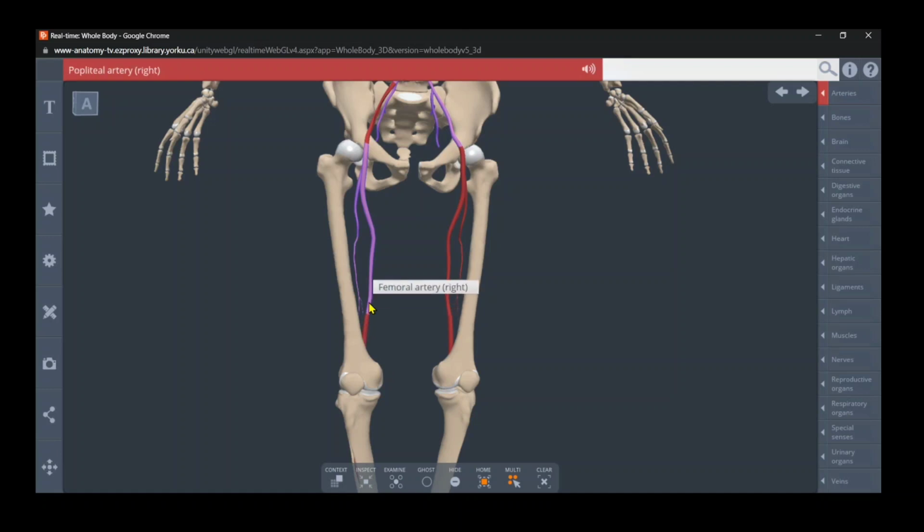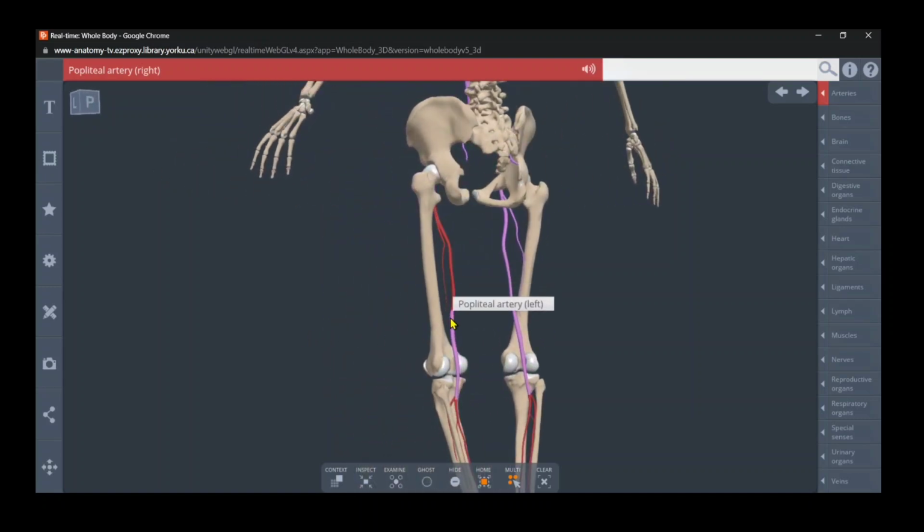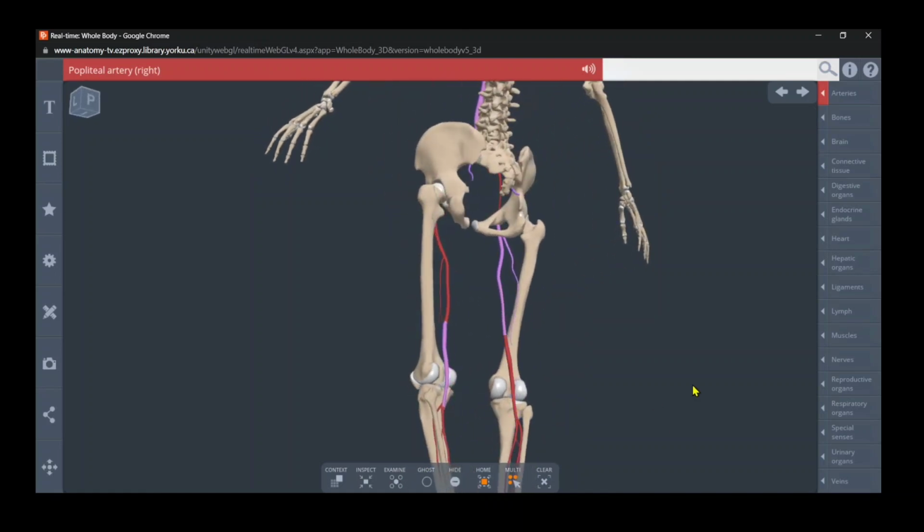Now, the femoral artery, if you follow it down, becomes the popliteal artery. So, popliteal artery, there you go, right there. If I remove that femoral artery, this is your popliteal artery. Hold on, let me just remove everything.